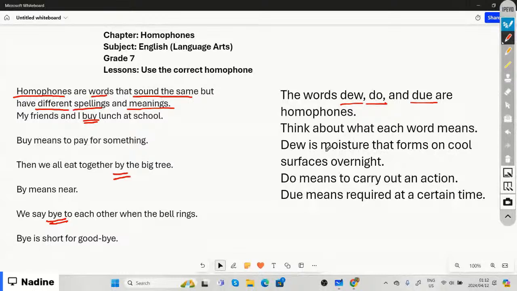They sound the same, but of course the meanings of these words are different.